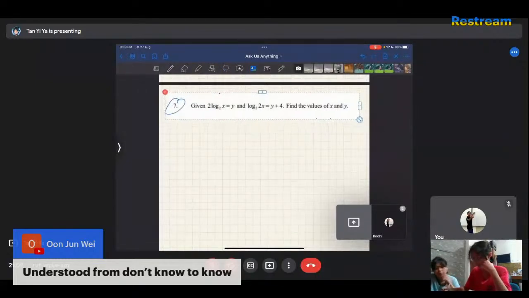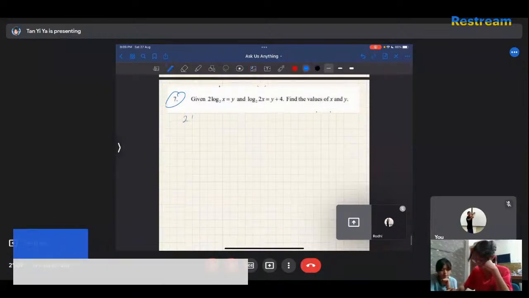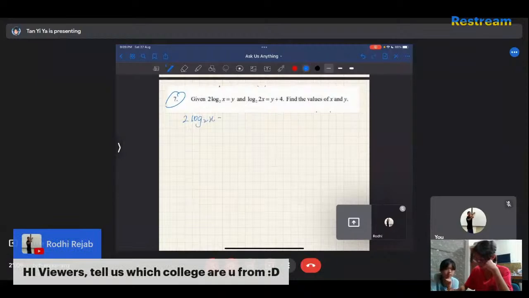So for this question, we have to find the value of x and y. So to solve this, okay, we can just save it as equation 1 first.